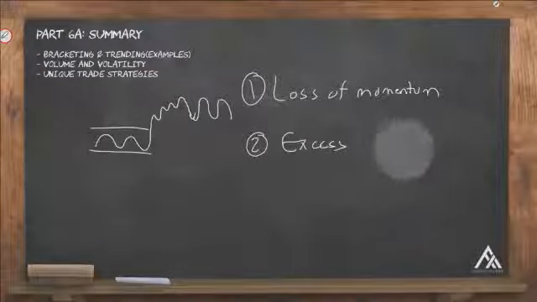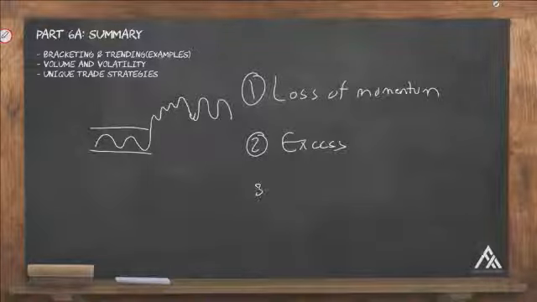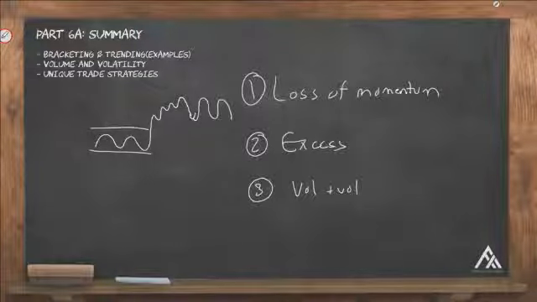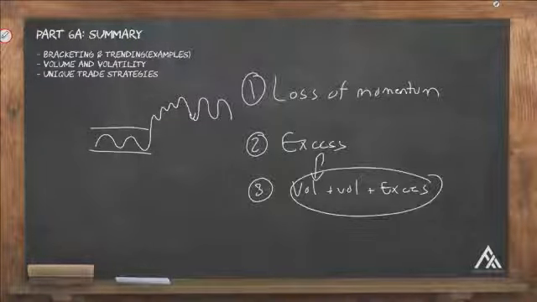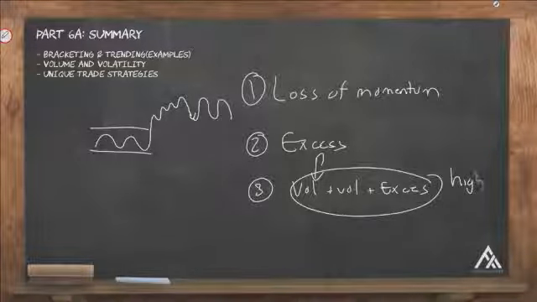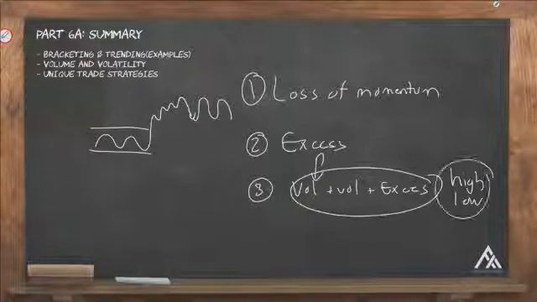And then we moved on and we spoke about the most aggressive, which is also a form of excess, but it includes volume, volatility, and a very excessive price. So that was the major difference between excess and the major excess. Now, the key that we identified with the major excess example is that these tend to act as very good high and low swing points for some period of time.